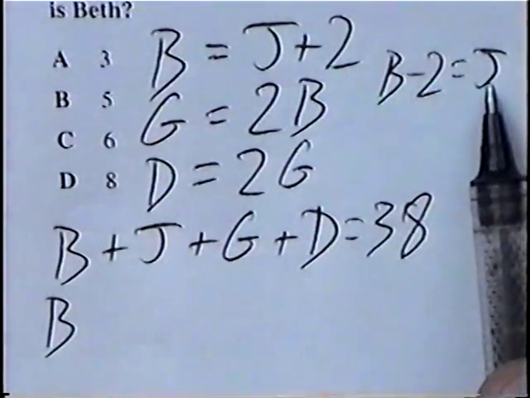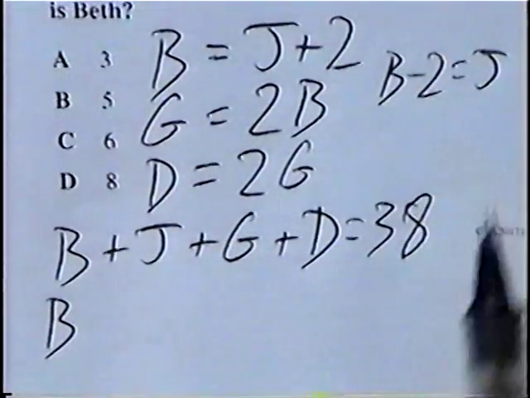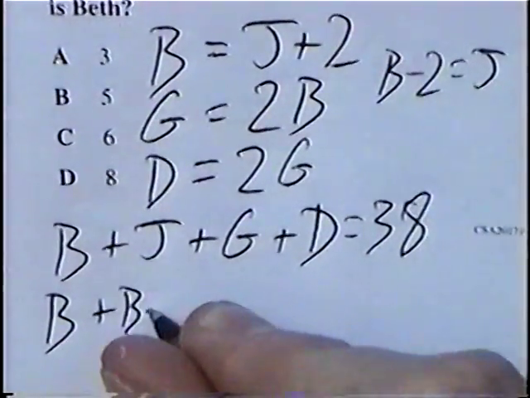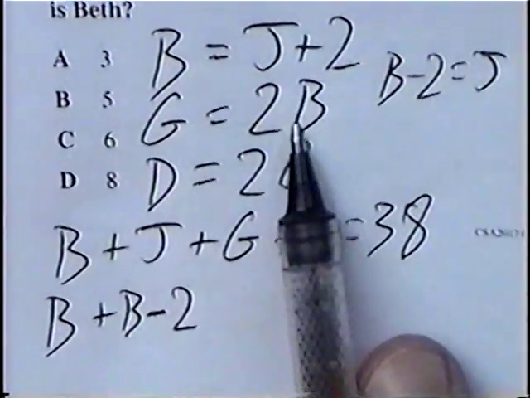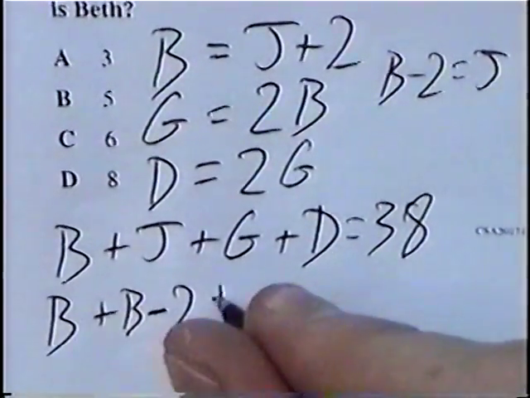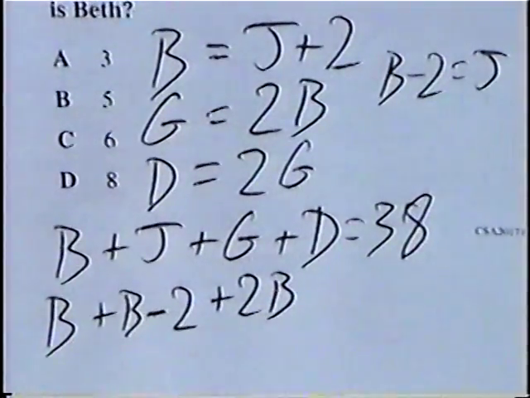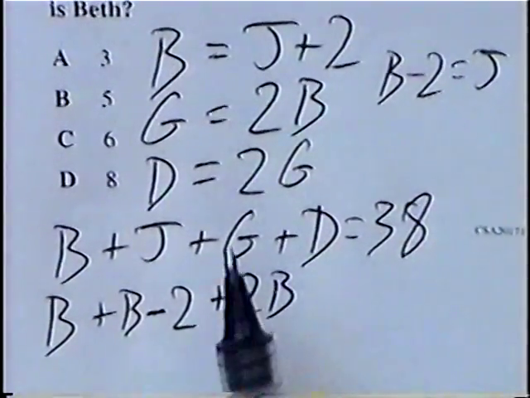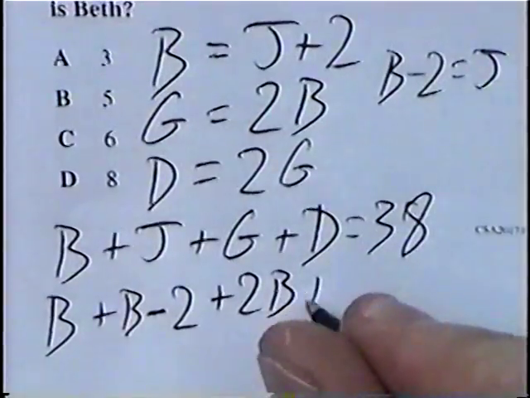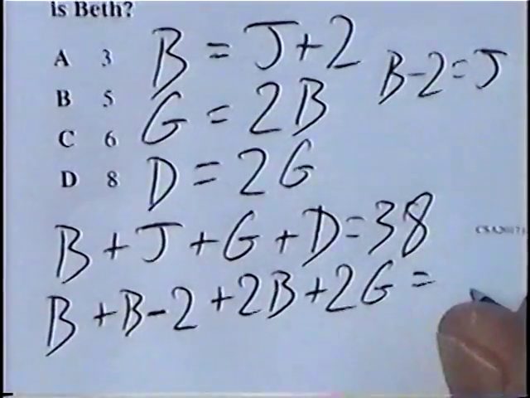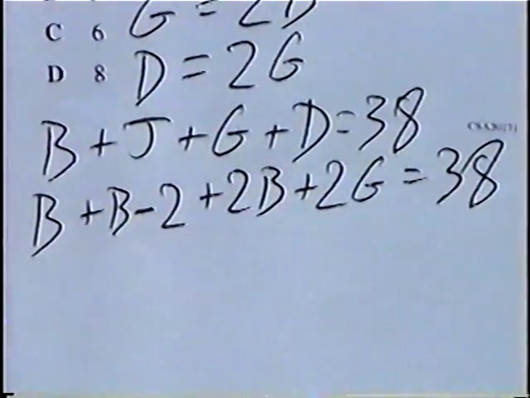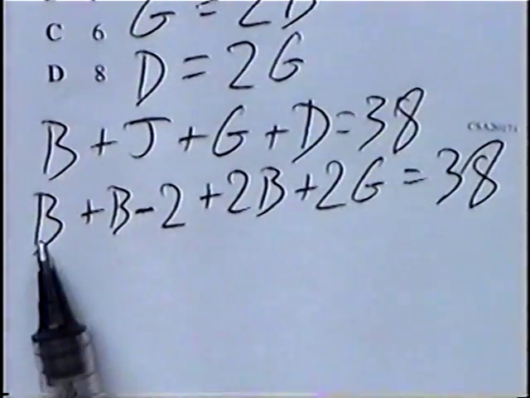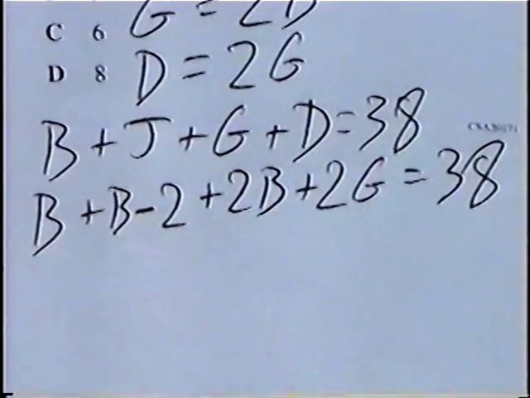So using substitution, instead of j, we can plug in b minus 2. For the g is equal to 2b, we can plug in 2b, and plus d, but instead of d, we can plug in 2g equals 38. Solving this equation, if we have a single variable b, we can solve.